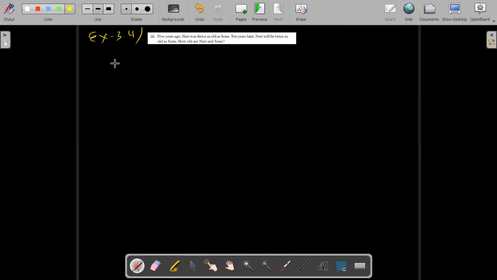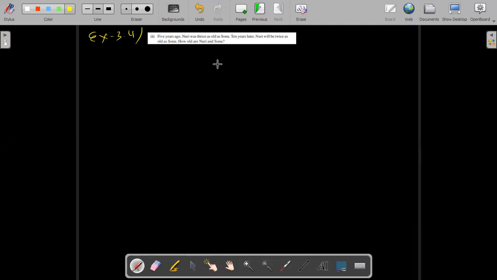The answer will remain the same whether you take x as the present age or the age 5 years ago. Somewhere you will find that they suppose the age 5 years ago and then start. But 5 years ago, Nuri was thrice as old as Sonu. So here the condition is 5 years ago and 10 years later.